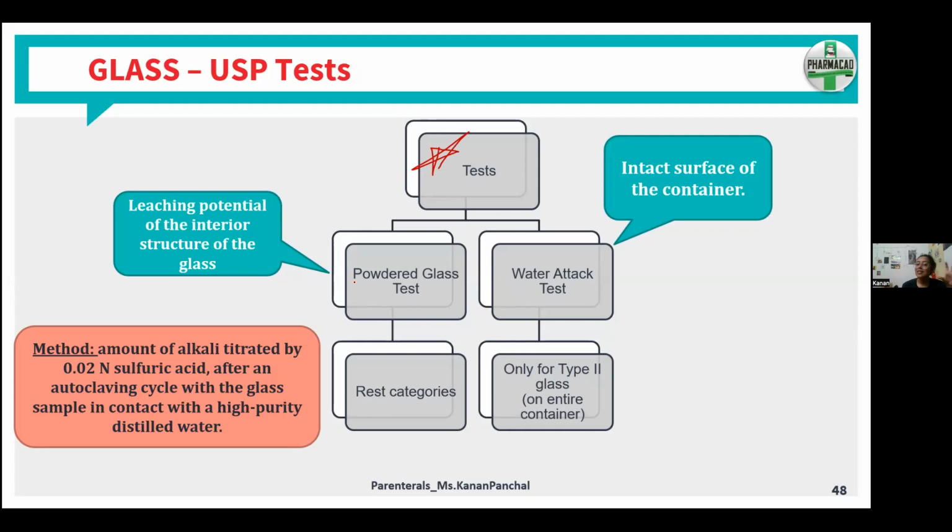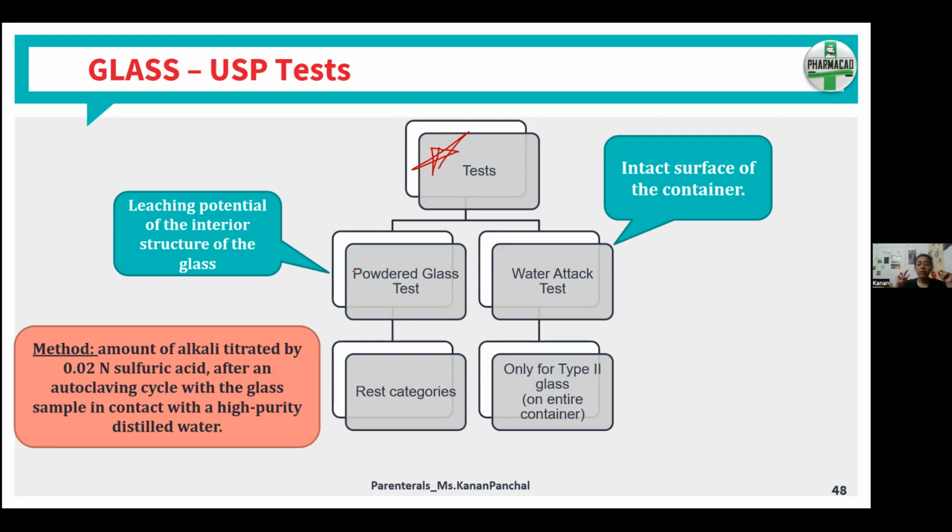So powdered glass test, as the name suggests, you take glass, powder it, and then you test what its leachables are. You basically do titration to find out the composition of the oxides and their proportion. Basically you will find out the composition and all of that. That is done for type 1 and type 3.